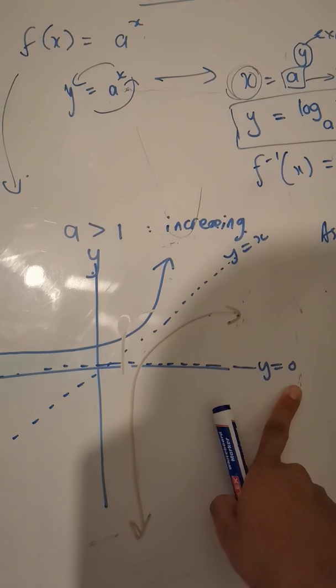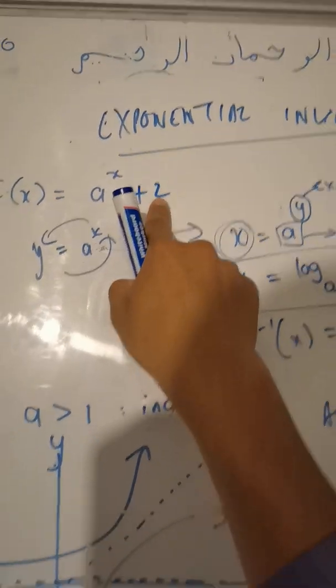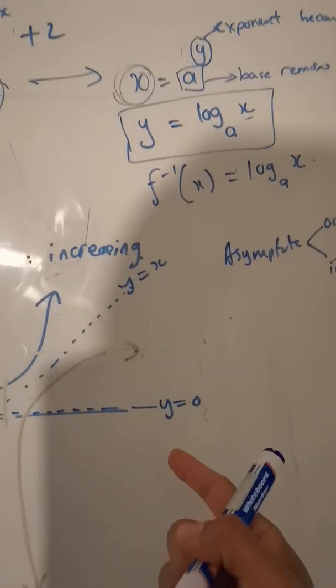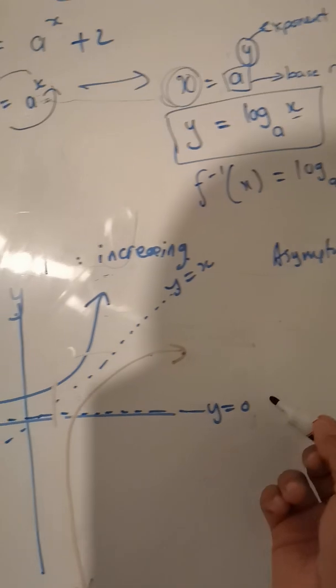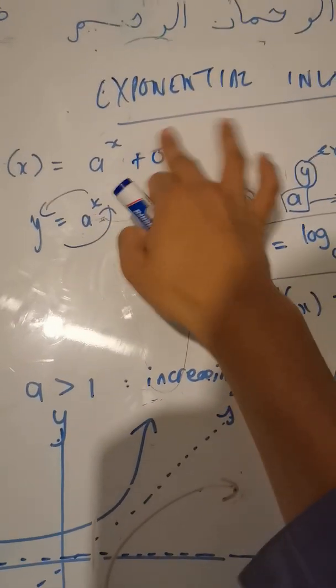Let's say, for example, here was plus 2, then the asymptote will be y equal to 2, because the horizontal asymptote we know is the q value. Very important, but in this case it's plus 0, so therefore the horizontal asymptote is y equal to 0.